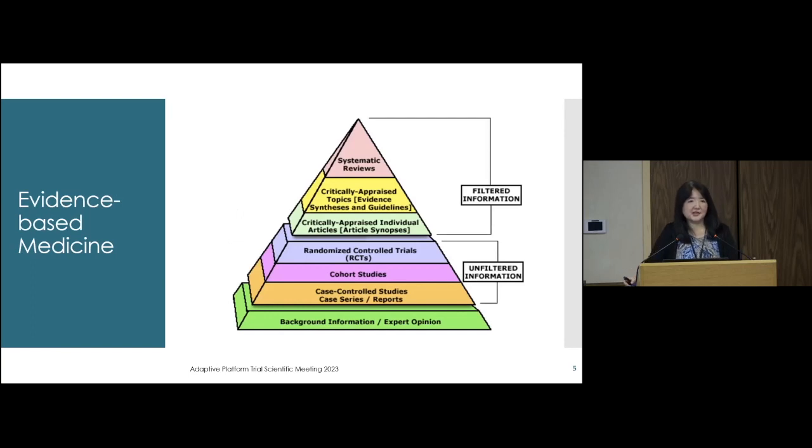I think we've all been practicing evidence-based medicine, and this pyramid is where clinical experience and expert opinion are really low down. Then you get case control studies and case series, then well-conducted cohort studies, and then randomized controlled trials. Randomized controlled trials, cohort studies, and case-controlled studies are what we call primary studies.